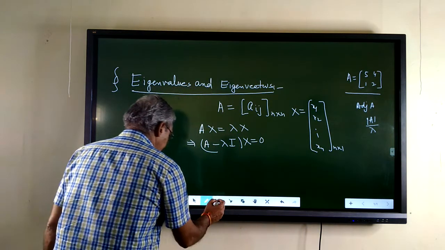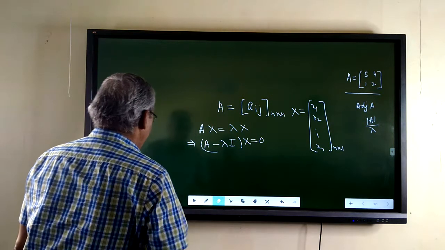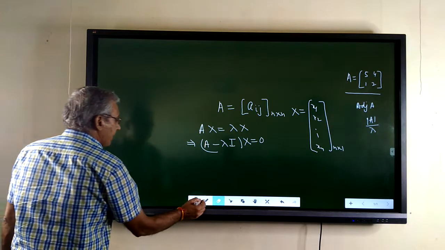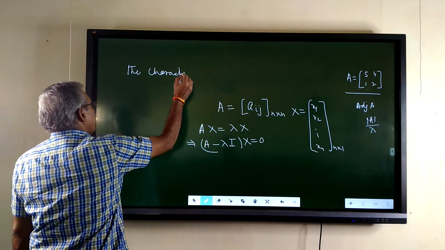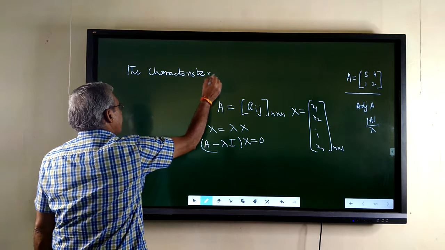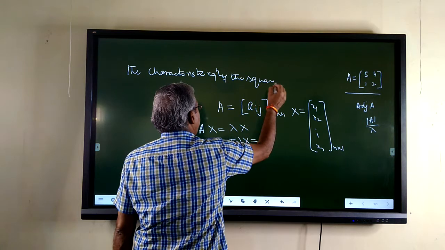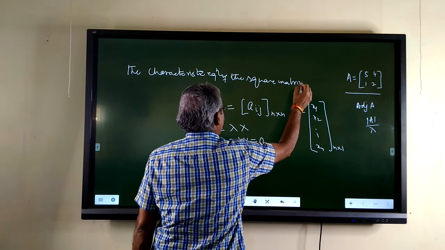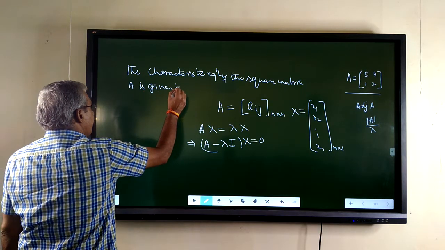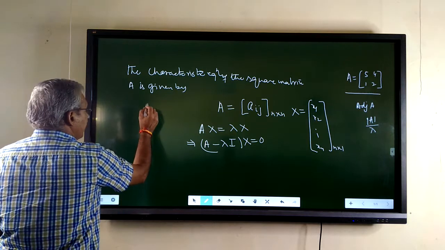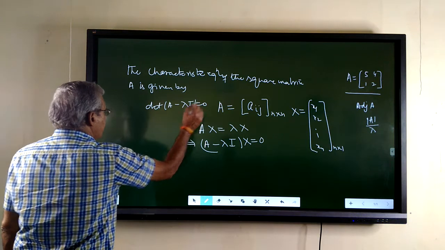Therefore, the characteristic equation of the square matrix A is given by determinant of (A minus lambda I) equal to 0.